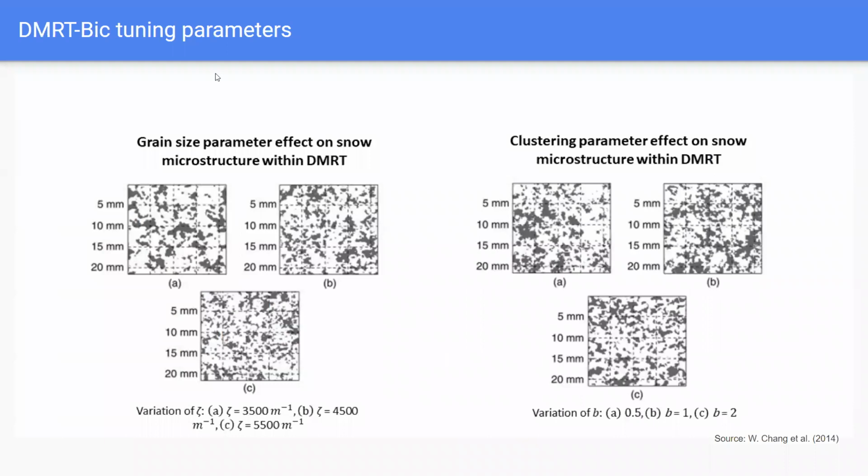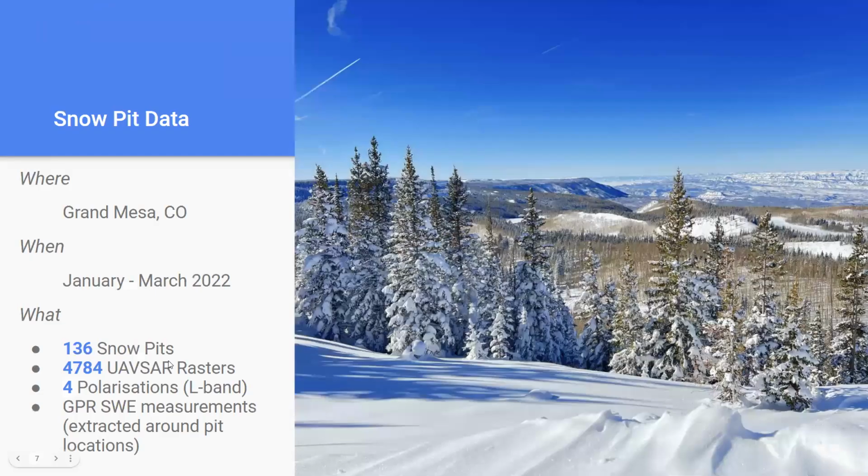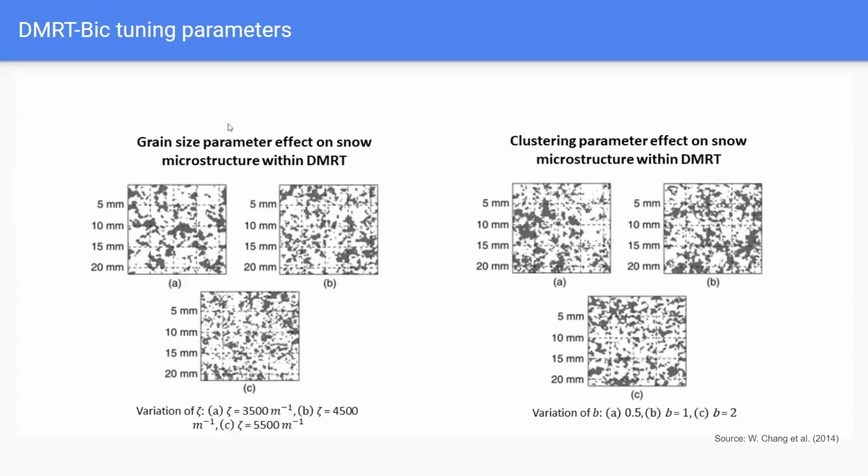It has some tuning parameters that are normally calibrated. One is the grain size parameter, zeta, as you can see here. Zeta gives some sort of estimation of the grain size of the snow microstructure, and if you increase the value, then you decrease the grain size within the model.